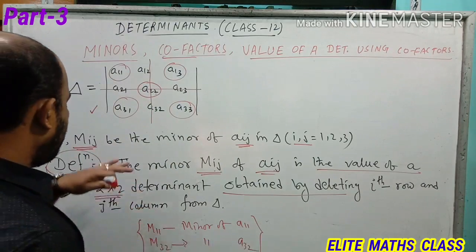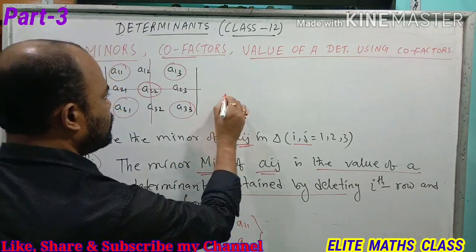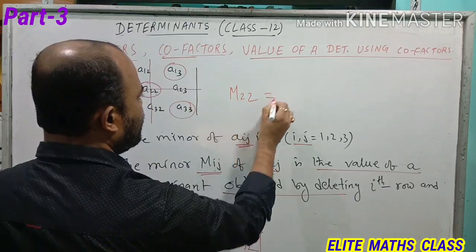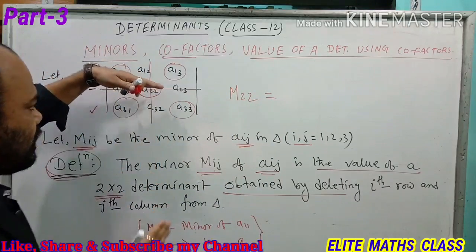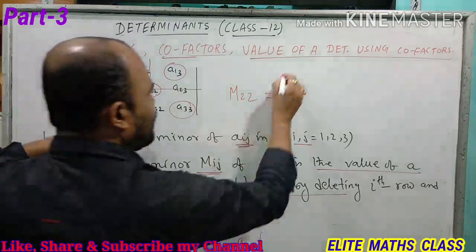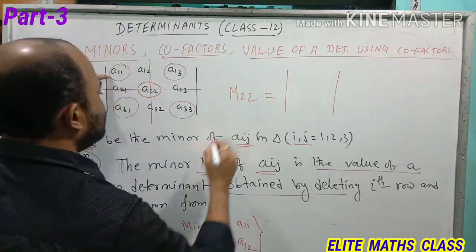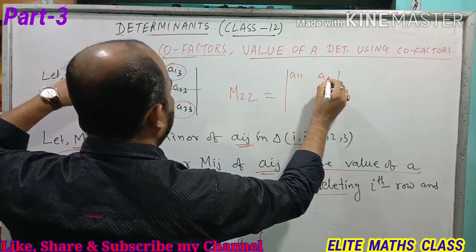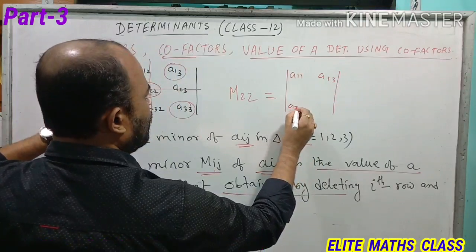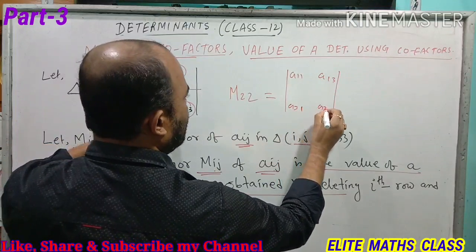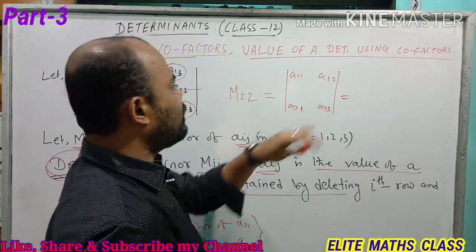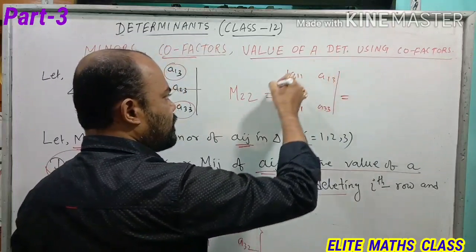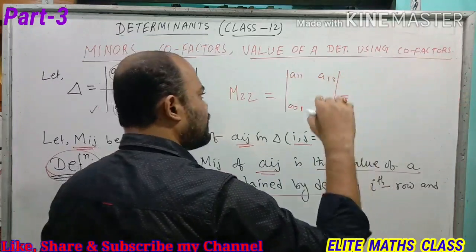So what will be the value of M22? By deleting the second row, second column, we get a 2 by 2 determinant with A11, A13, A31, A33. Now what will be the value? This is by simple expansion of this determinant, already discussed.